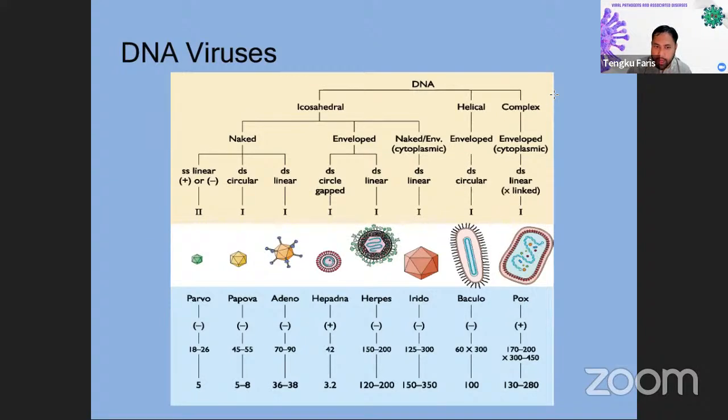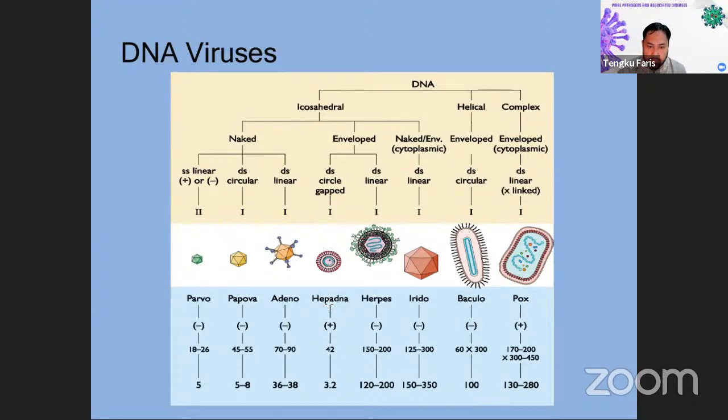And for the naked icosahedral, we also have the double-stranded in the circular form. And down here in the blue area, you can see parvovirus, papovavirus, negative, adenovirus, negative, 70 to 90. So you can see all of these are different types of DNA viruses.